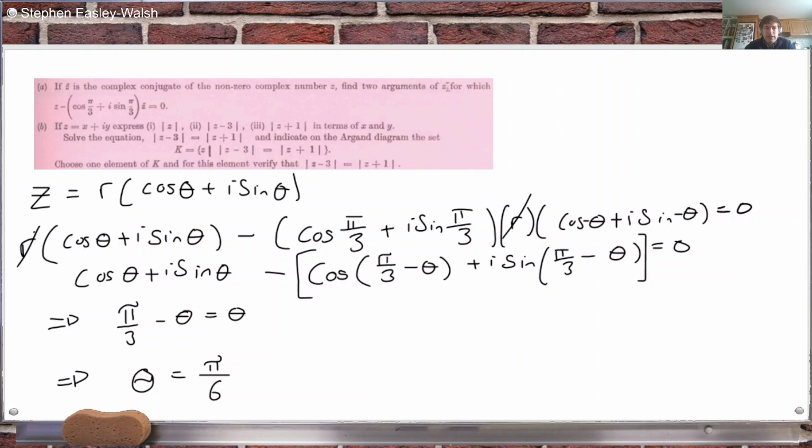Let's have a quick look at those trig formulas for sum to product.